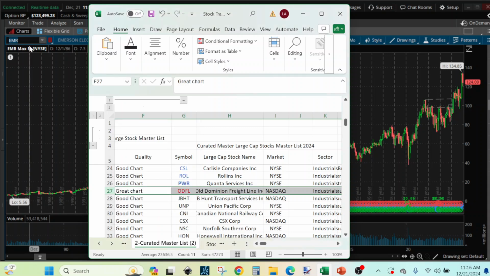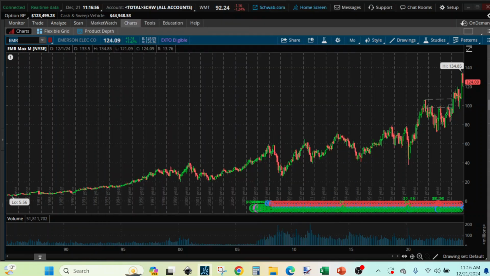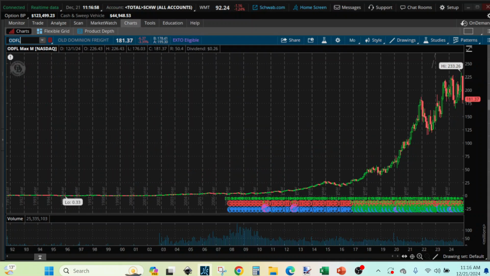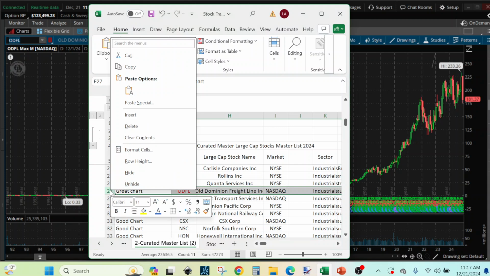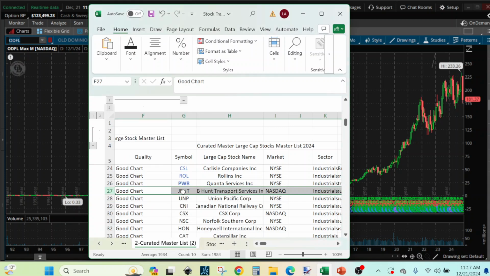ODFL. Okay, so the price is here, which makes things easier for us. Below multiple highs, it is out. Okay, let's copy here.